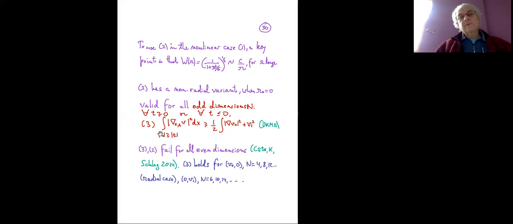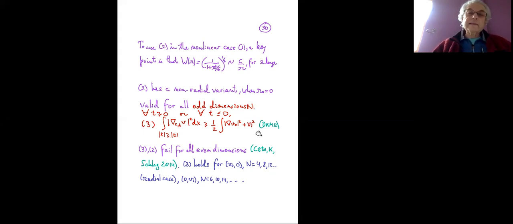It says that for all T greater than or equal to 0, or for all T less than or equal to 0, the gradient on the outside of the light cone is controlled by the initial energy. So there's always half of the energy outside of the light cone. And this was proved with Duyckaerts and Merle in 2012.